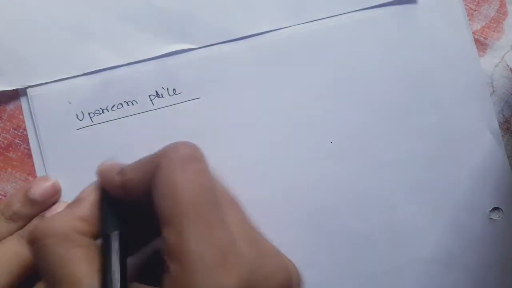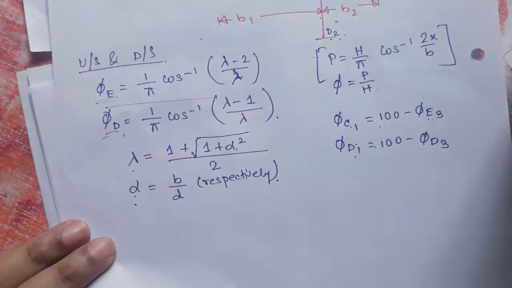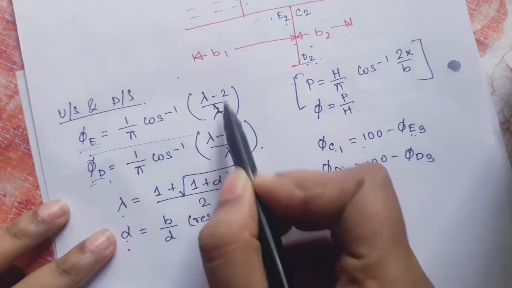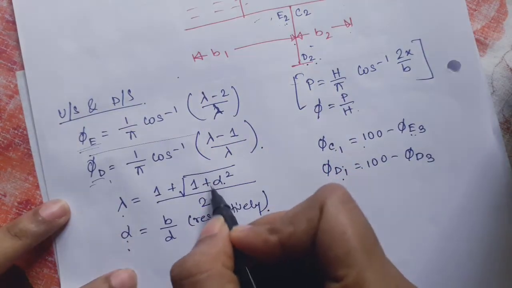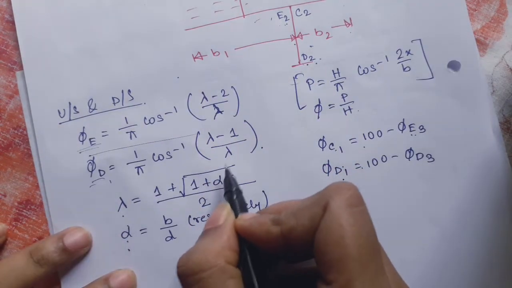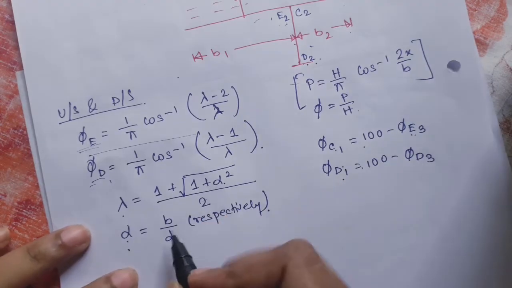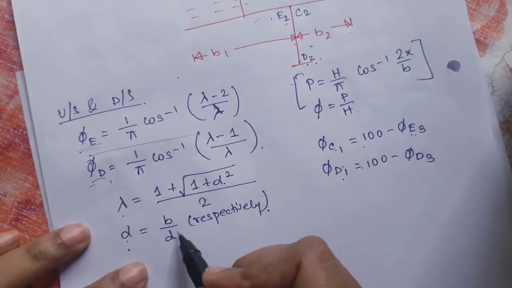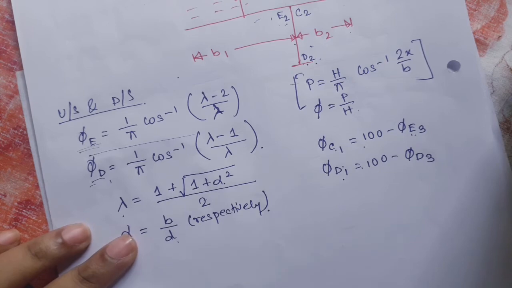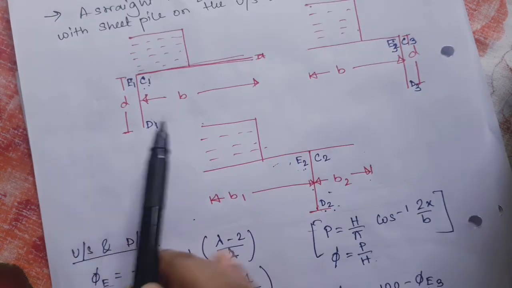As you know, to know the value of lambda, we need to know the value of alpha, and in order to know the value of alpha, we just have to know the value of B and D.